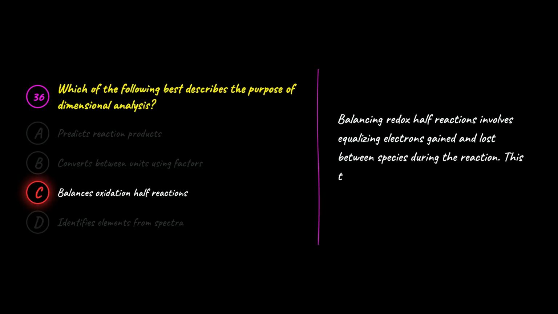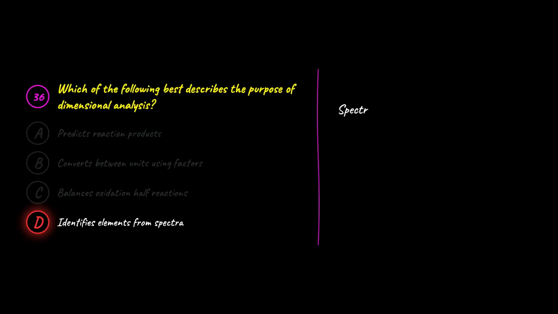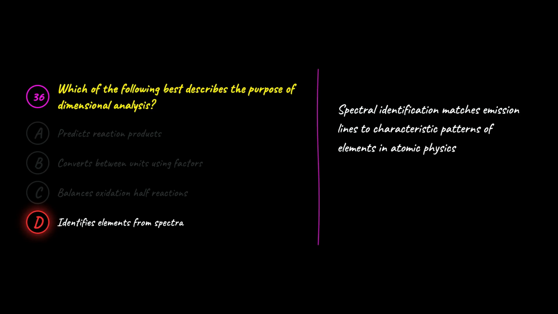This task is unrelated to converting measured quantities from one set of units to another using ratio-based factors. D is wrong because spectral identification matches emission lines to characteristic patterns of elements in atomic physics. This technique has nothing to do with converting between metric or imperial units using factor set equal to 1 in chemistry.